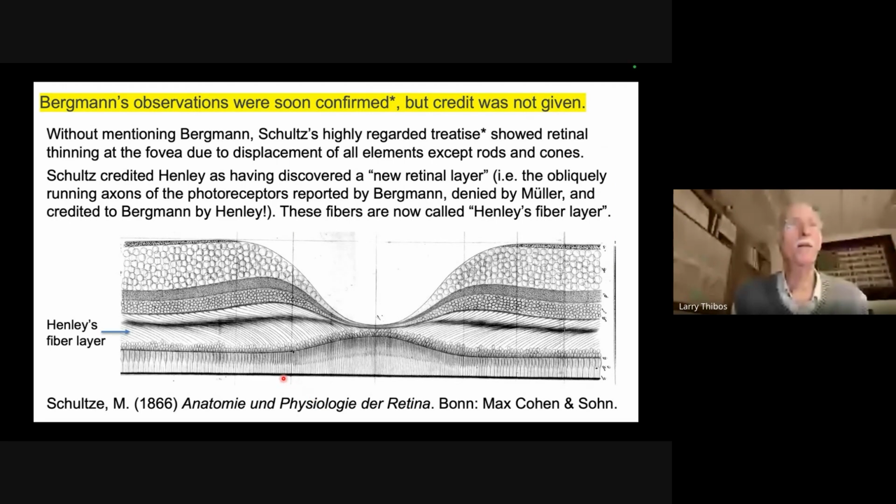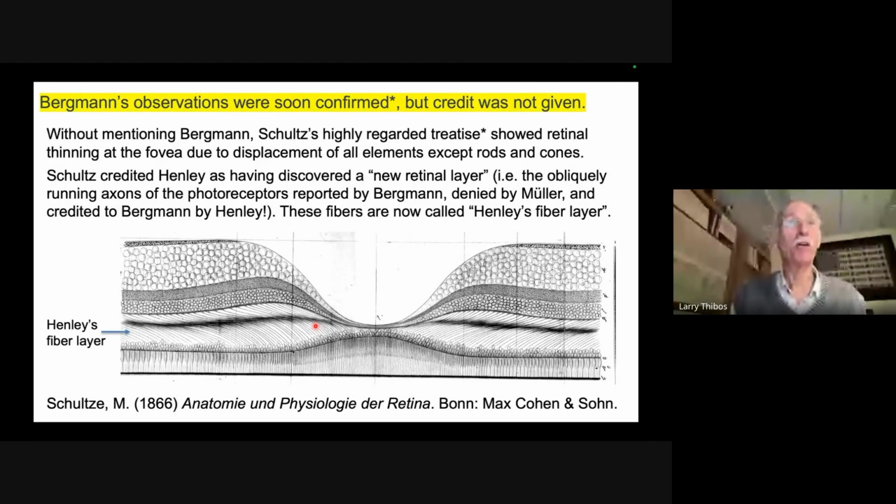And he confirmed Bergmann's observations. He confirmed everything I've just been saying about thinning of the retinal layers and the obliquely oriented fibers, but he doesn't credit them to Bergmann. Schultz credited Henle, in fact, as having discovered a whole new layer that nobody knew about. These obliquely oriented or laterally running fibers, he said, Henle discovered those. Well, if you read Henle, Henle said, I didn't discover them, Bergmann did.